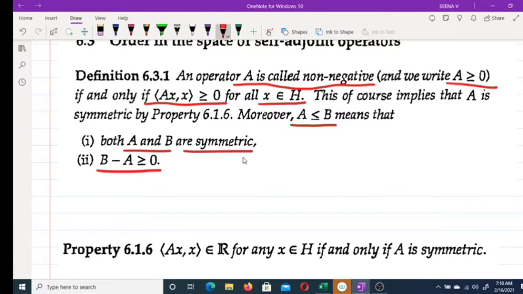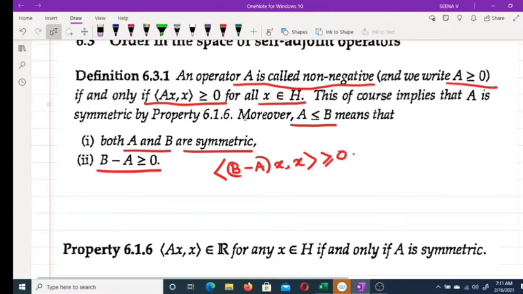Here we are discussing only symmetric operators. What is the meaning of that? B minus A greater than or equal to 0 means inner product of (B minus A)x, x is greater than or equal to 0.